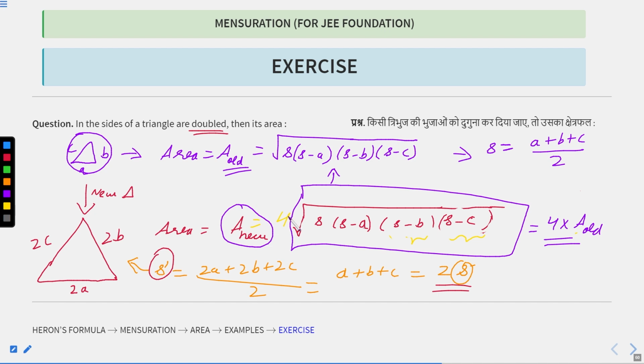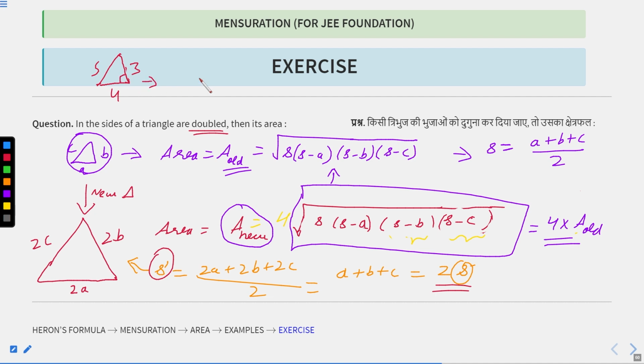Now from this we can say, if my triangle has sides like 3, 4 and 5, okay, this is my triangle.